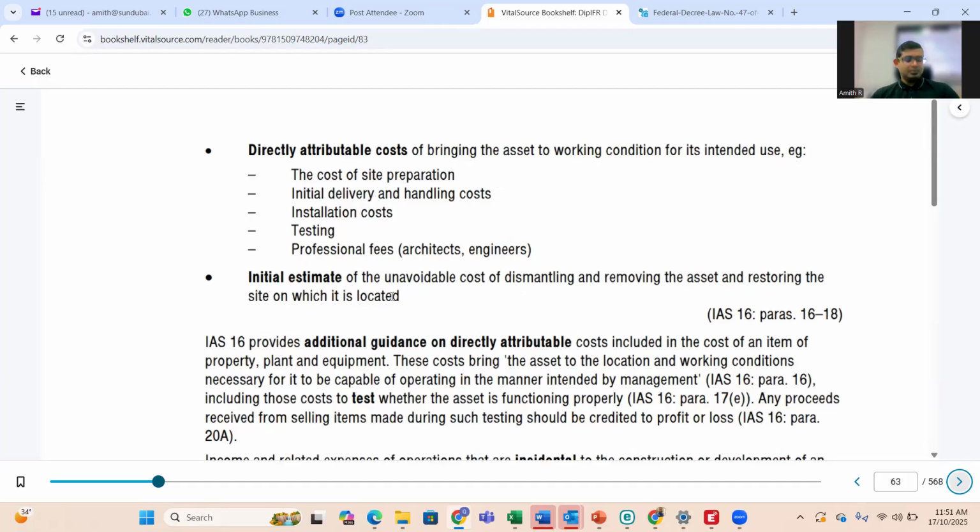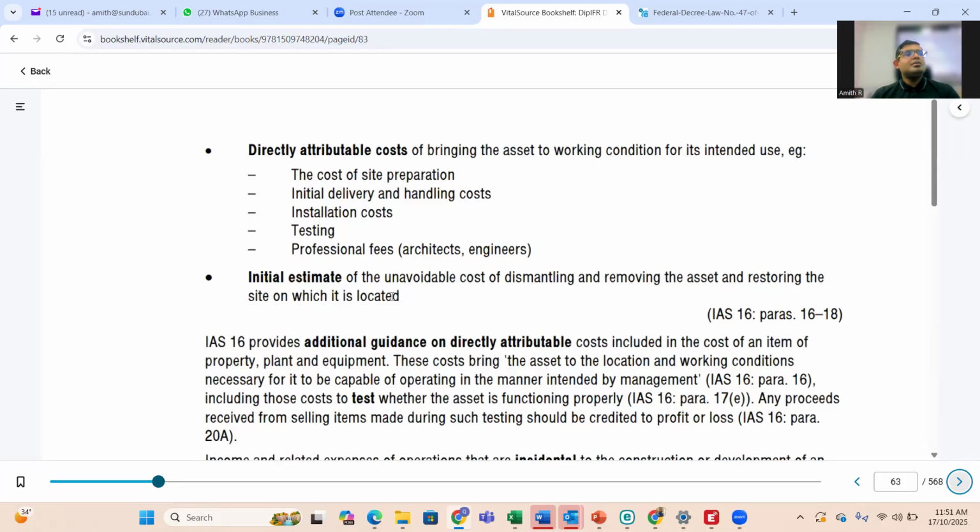What is this? From purchase time, it is to restore it. I am not spending any cost now, so they're estimating it. We have to take it down when we take it back, at the time when I am disposing. So at that time I am estimating some dismantling costs.